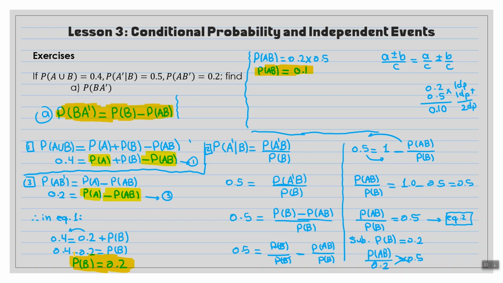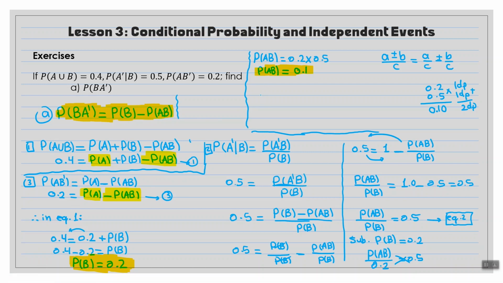I have found the probability of B and I have found the probability of AB, so I can find this now. If I want to find the third unknown, I'm going to use this equation. I have the probability of B, I have the probability of AB, I have the probability of A union B, so I can find the probability of A. I don't know if I need that for part B, but since I don't need it now for part A, I am going to finish part A with what I have.